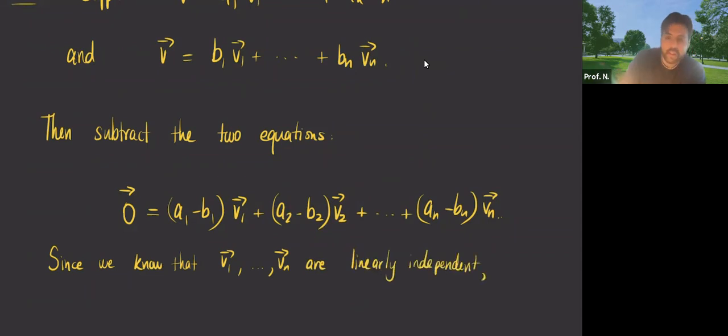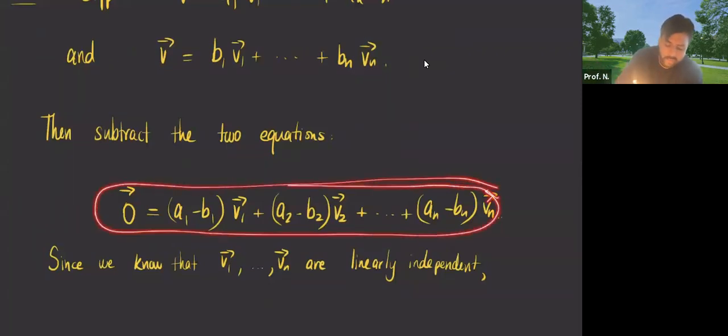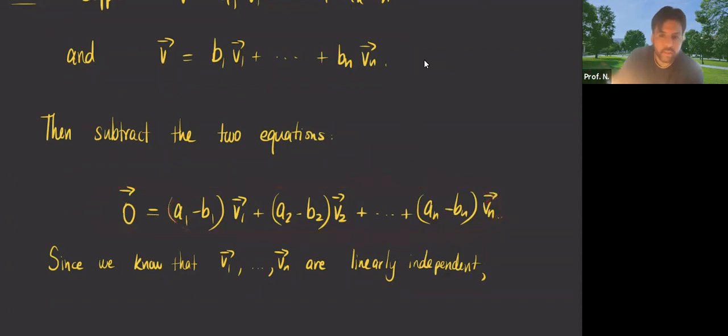If they're linearly independent, the only way that this sum would equal zero is if all of the coefficients equal zero.